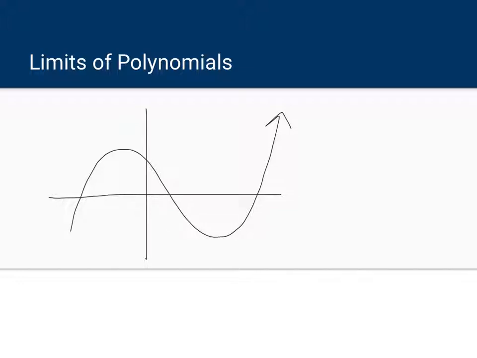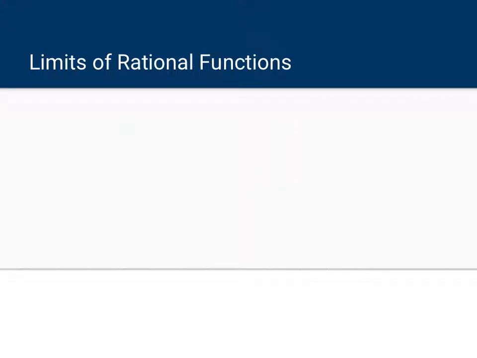There are no asymptotes, no kind of blank spots in it. So that means that no matter what x gets close to, y is always going to get close to the value of that function at whatever number x is nearing. So polynomials are really easy to find limits of. So it's easy to find the limit of a polynomial function.